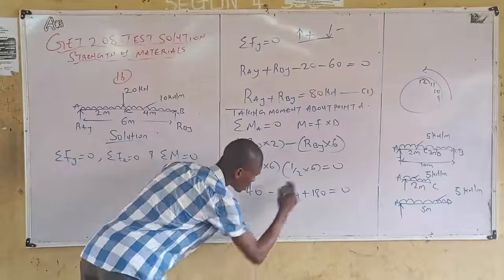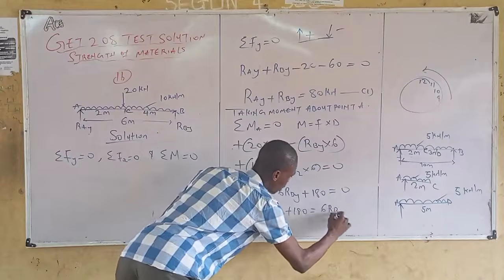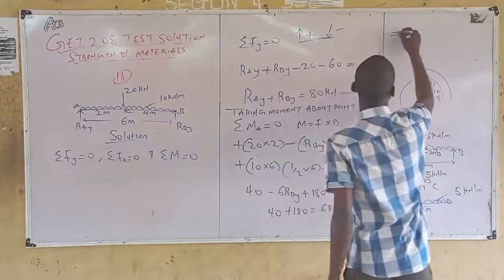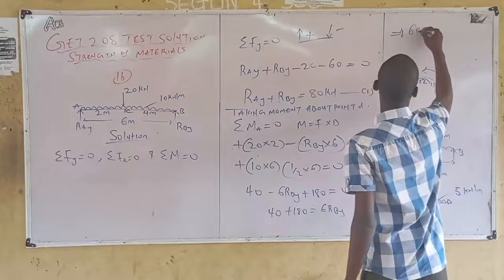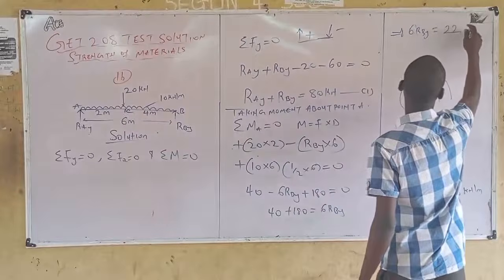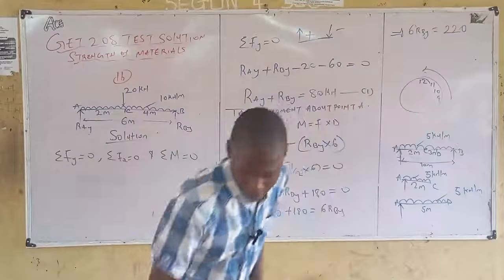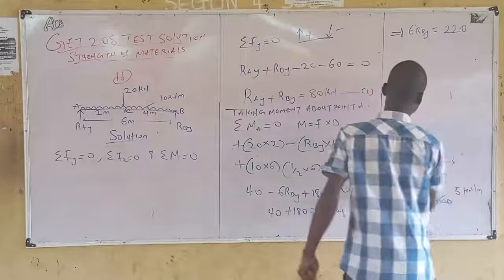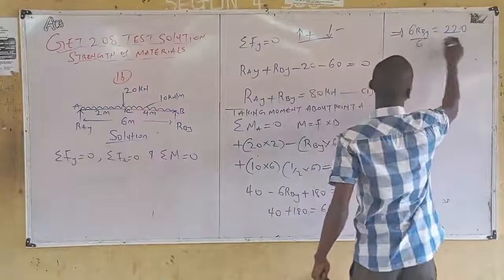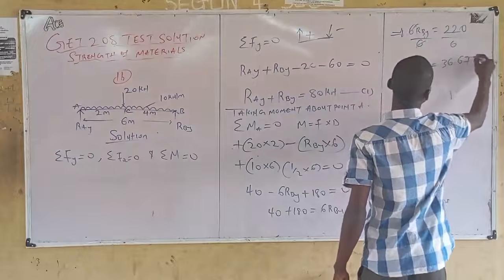Let RBY go to the other side: 40 plus 180 is equal to 6RBY, which implies that 6RBY is equal to 220. Then from here, divide both sides by 6. What do you have? RBY is equal to 36.67 kilonewton.